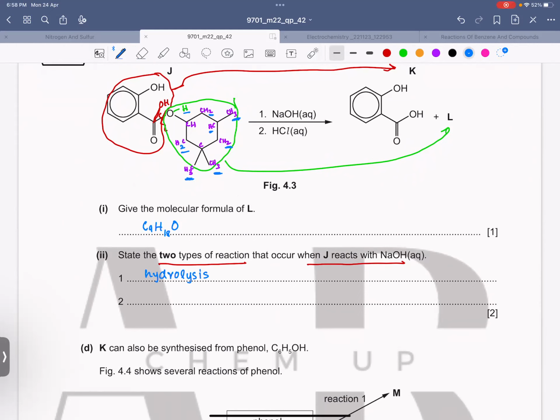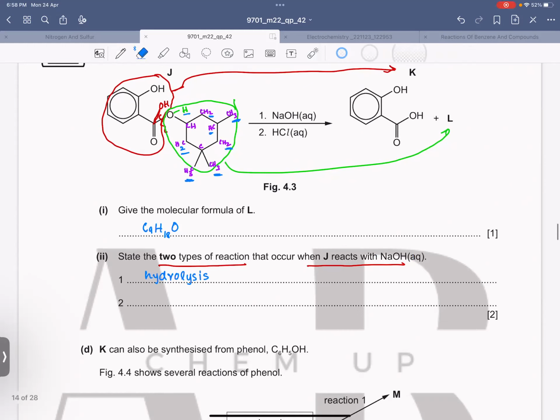And that carboxylic acid actually reacts with this NaOH to form that salt that I have mentioned over here. So the next reaction that occurs is the acid-base reaction. Is this clear to everyone? Yes, sir.